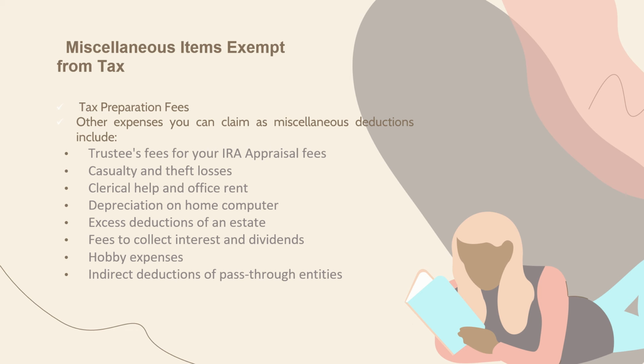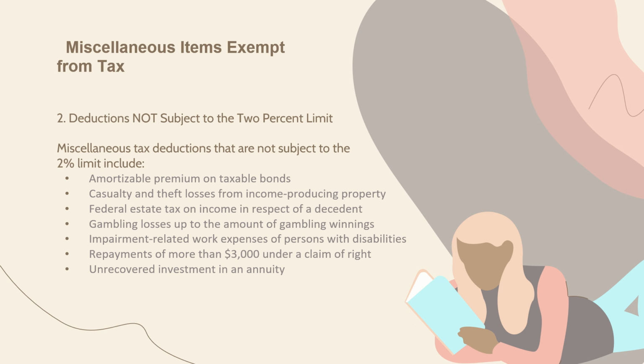Other expenses you can claim as miscellaneous deductions include appraisal fees, casualty and theft losses, clerical, health and office rent, depreciation on home computer, excess deductions of an estate, fees to collect interest and dividends, hobby expenses, indirect deductions of pass-through. Number 2, deductions not subject to the 2% limit.